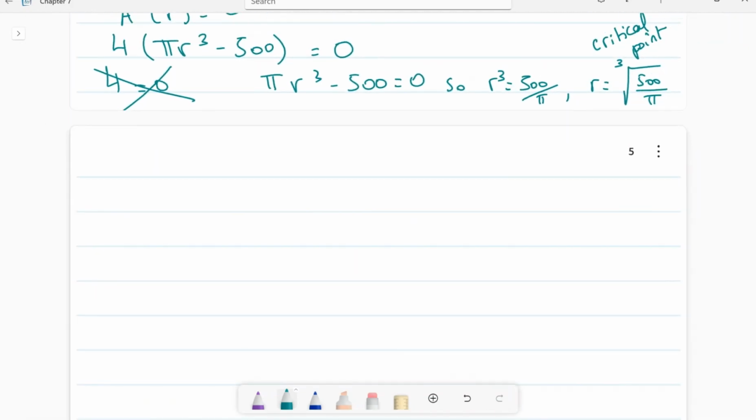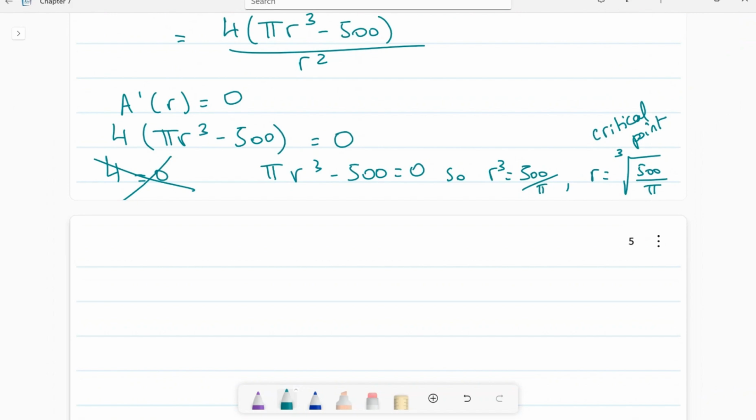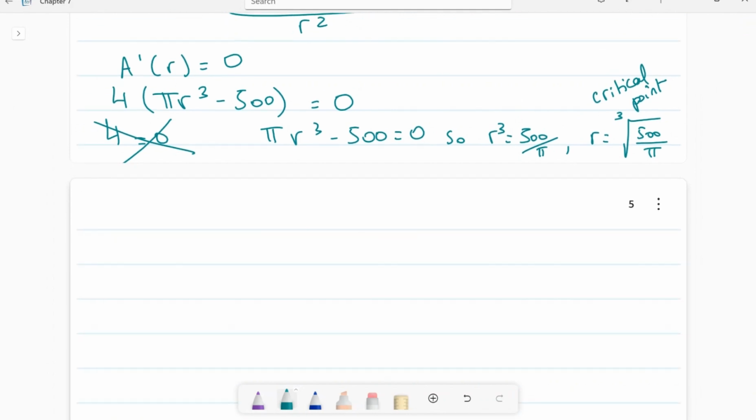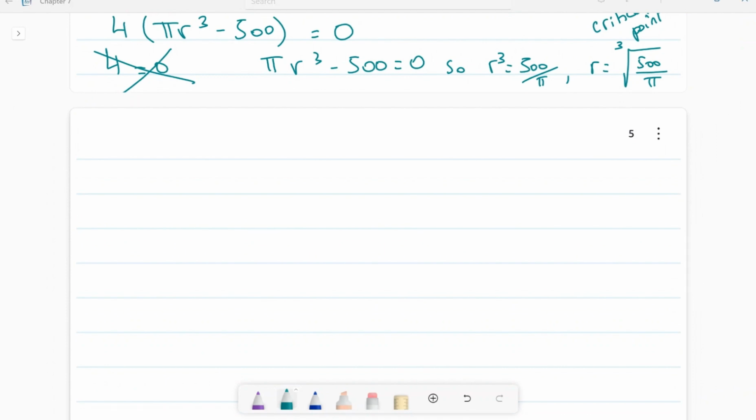Let us look at what A is when r is less than the cubic root of 500 over pi, and when r is greater than this value. So let us draw a table.